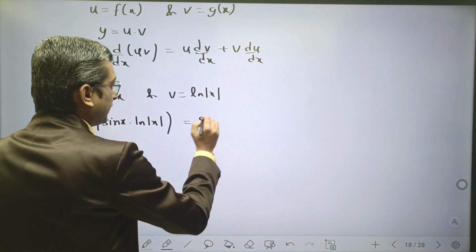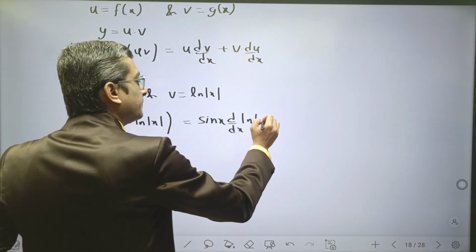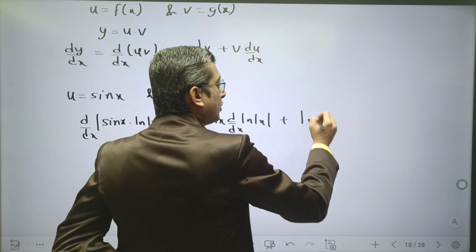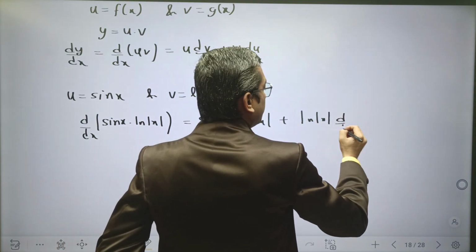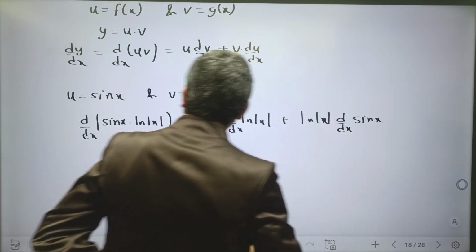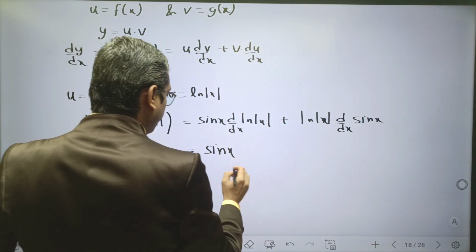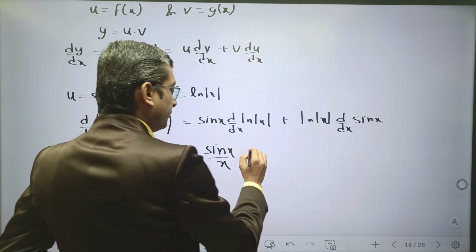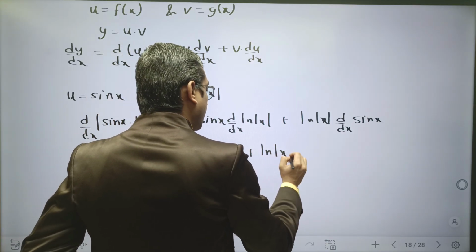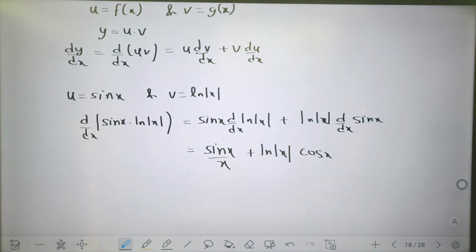U is sin x, so d by dx of log x, plus log x d by dx of sin x. So this is the formula. Here we get sin x, log x differentiation is 1 by x, plus log x, and d by dx of sin x is cos x. So this is the answer, isn't it?